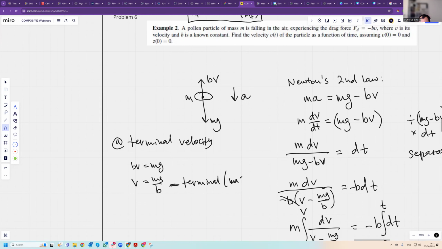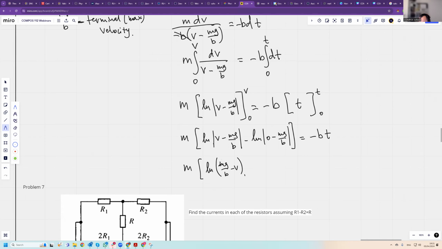So I'm going to replace the modulus with mg over b minus v, because v is always less than mg over b. So I'm changing the order. Minus logarithm, this is minus mg over b, so it's a negative. Modulus of a negative value, so it's going to be logarithm of just mg over b, equals minus bt.